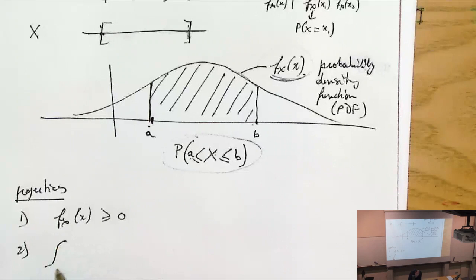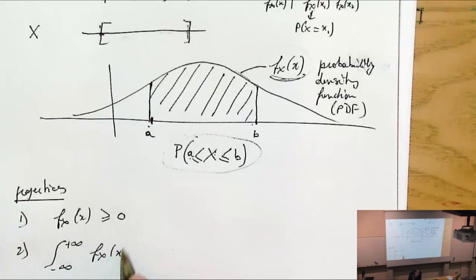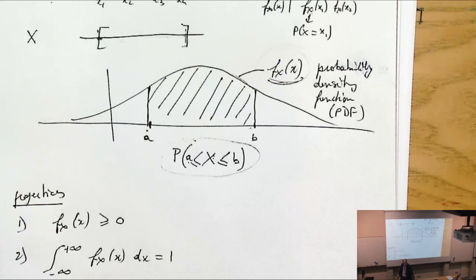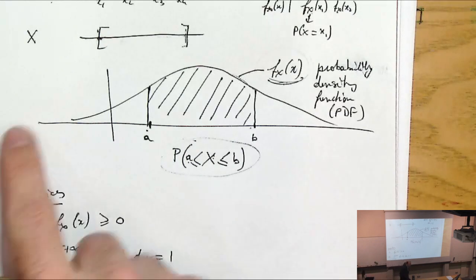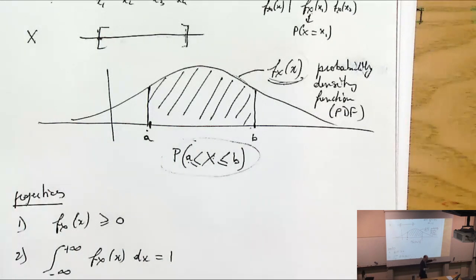The integral between minus infinity and plus infinity of this probability density function should be equal to 1. This is the same as axiom 2 of probability: the probability of the universal event is equal to 1. If I integrate over the entire range of this random variable, between minus infinity and plus infinity, I should get 1.